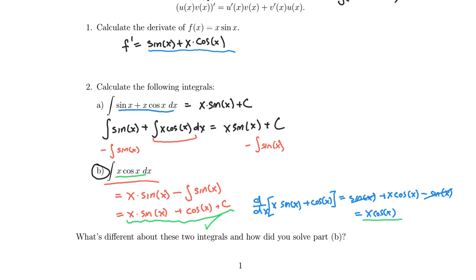For part B, slightly more challenging, we had to recognize that x cos x was a part of the end result of a product rule, but not the whole thing. And it involves some clever use of this first piece, the sine piece here, moving it over to the other side of the equation in order to really solve part B.